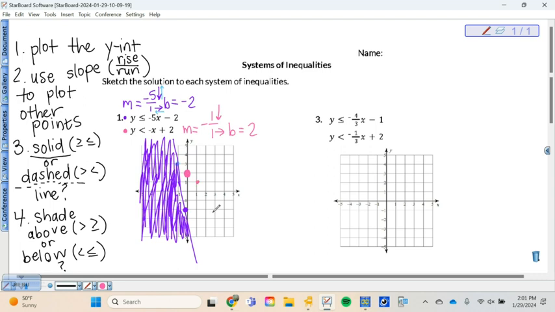Do I do a dashed line or a solid? Dashed. Do I shade above or below? Below. It's less than, so I shade under the line.